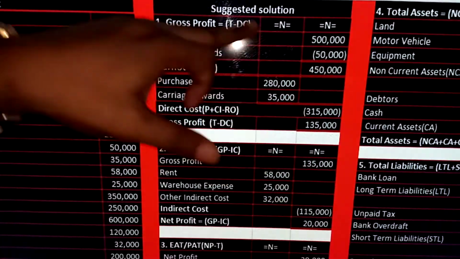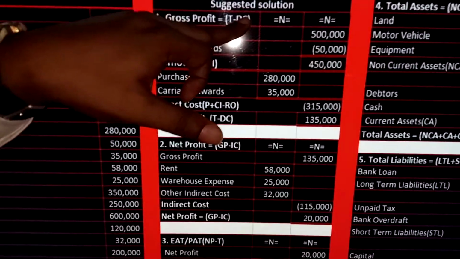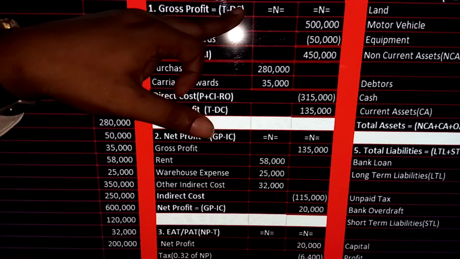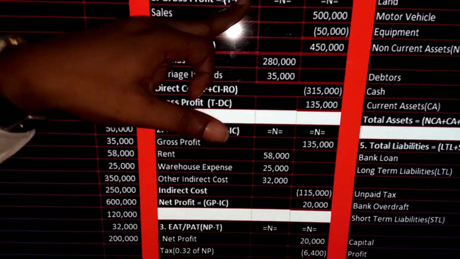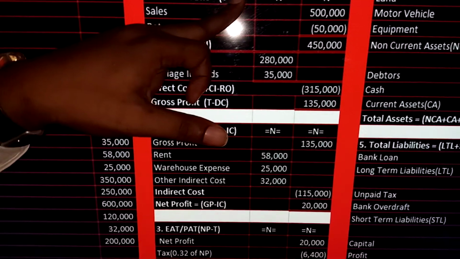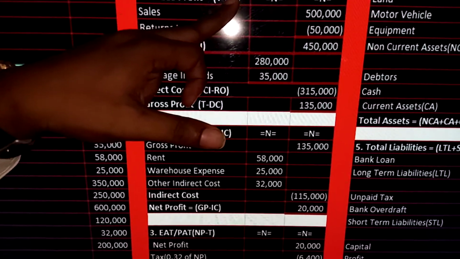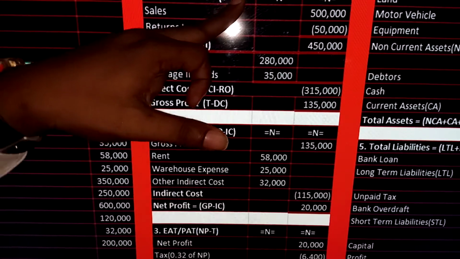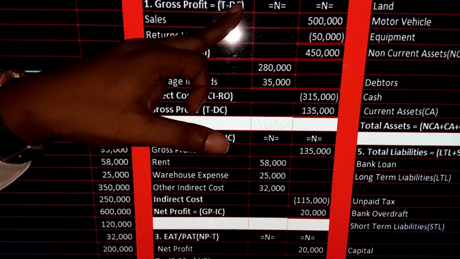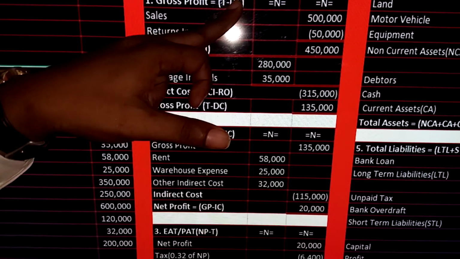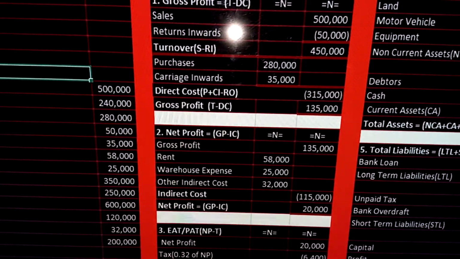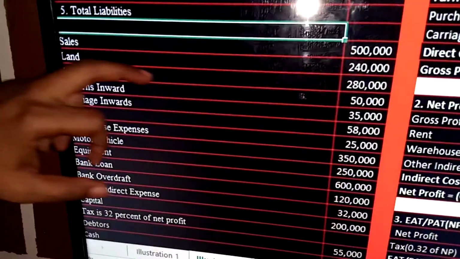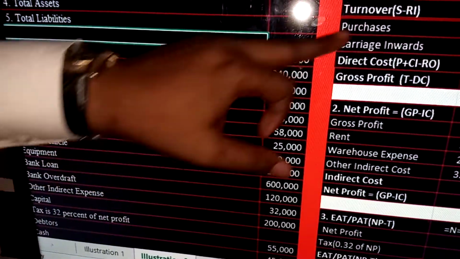Now the direct cost is a function of what? Purchases, carriage inward, and returns outward. So we say purchases plus carriage inward minus returns outward. What's purchases? The cost of buying the item. And then you spend money to bring the items here, that is carriage inwards. You return some back to the supplier, that's returns outward. So let's get the items. What are purchases here? We have 280,000.